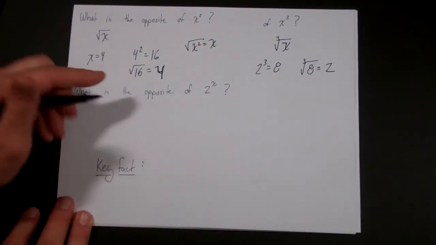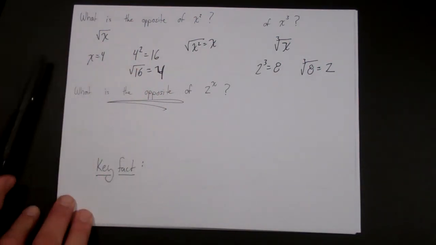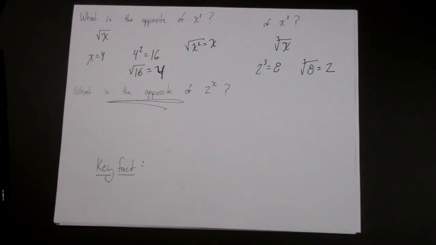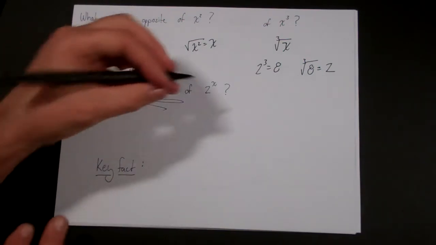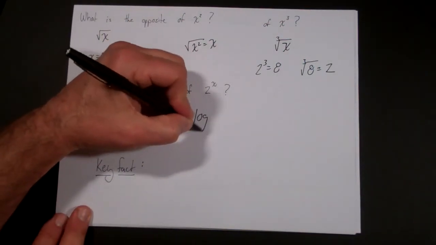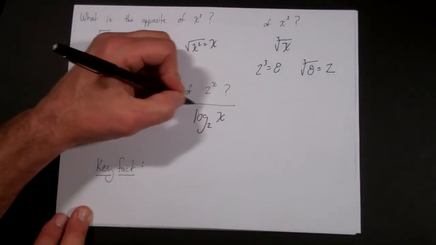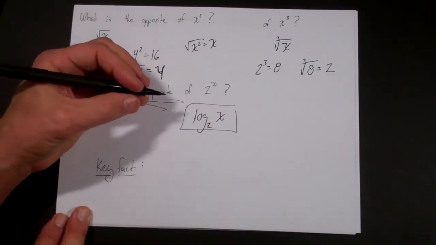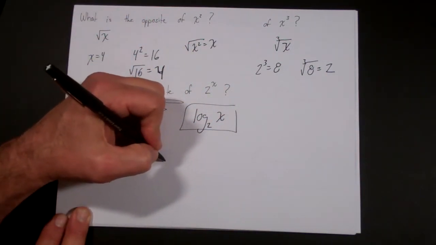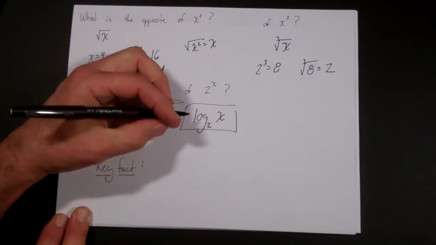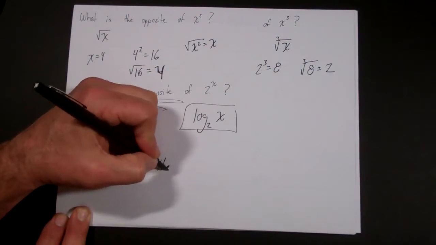So now let's think about what is the opposite of 2 to the x? The opposite of 2 to the x is going to be log base 2 of x. And that's the key. The key fact is the opposite of an exponent is a log. So we can take any one we want to.